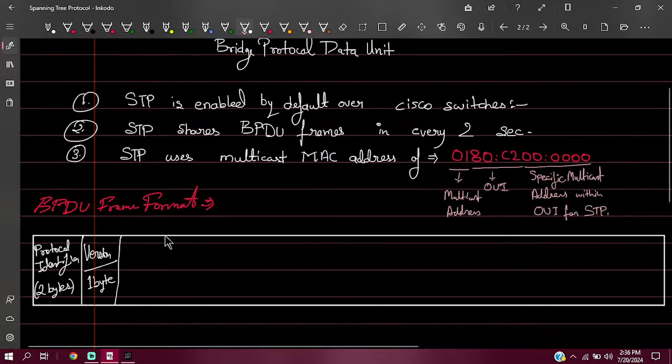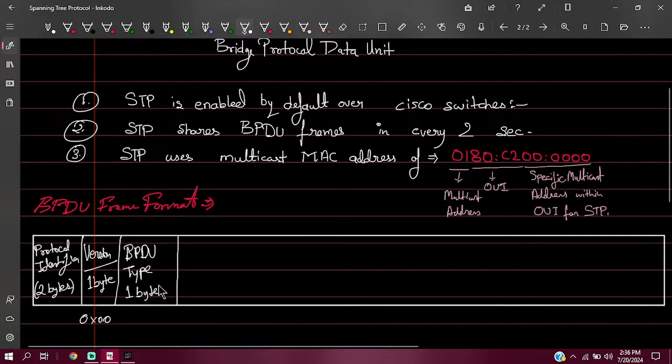So guys, this version field is basically there to identify the type of the protocol. By default, it would be 0x00, which is the current version of the spanning tree. Okay. Then the next field is the BPDU type. BPDU type field is also of 1 byte in length.